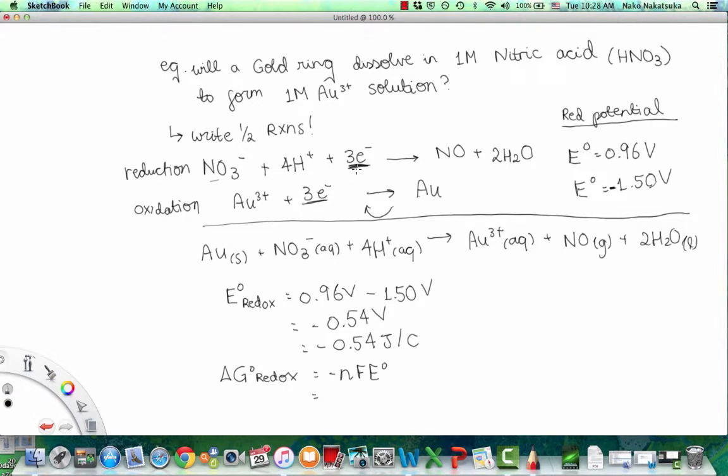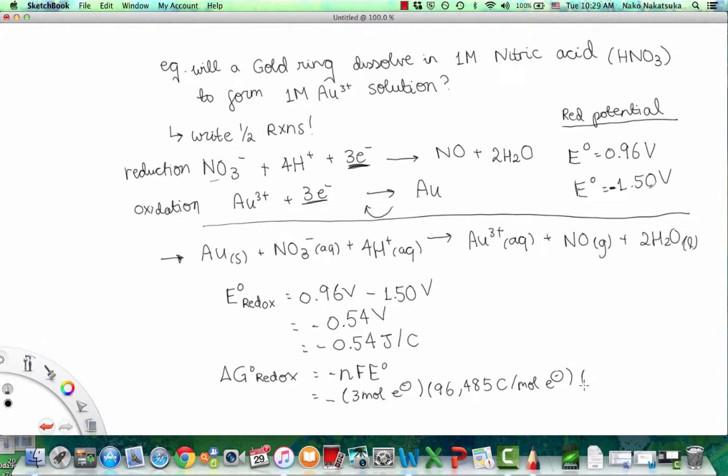The reason why it's not included in this overall equation is because they cancel each other out on the other side. And so we have 3 moles of electrons. The Faraday constant, which is 96,485 coulombs per mole of electron.